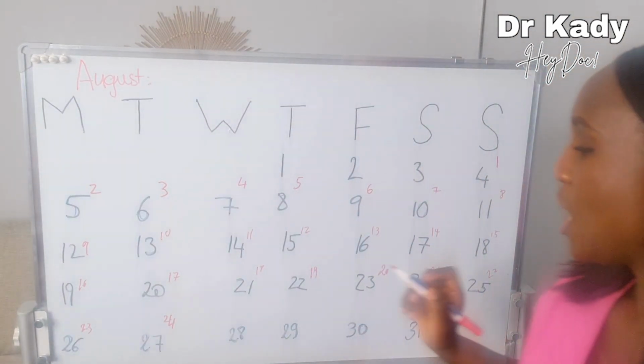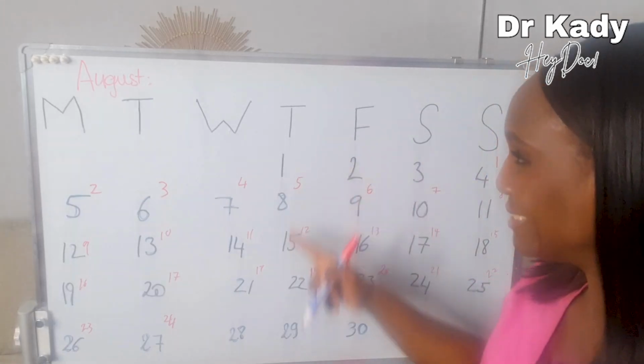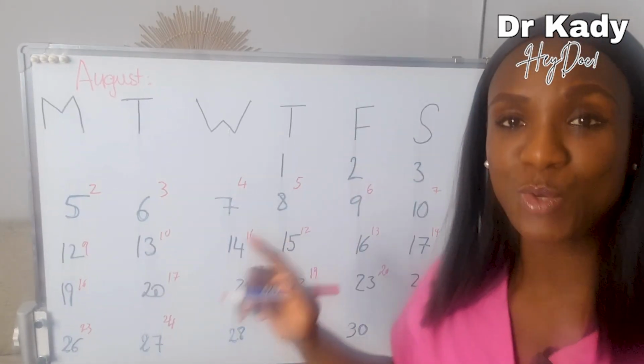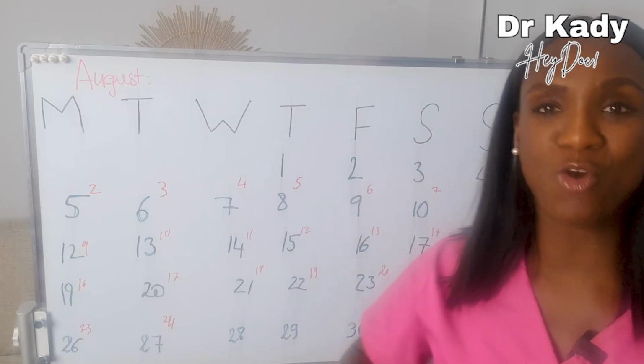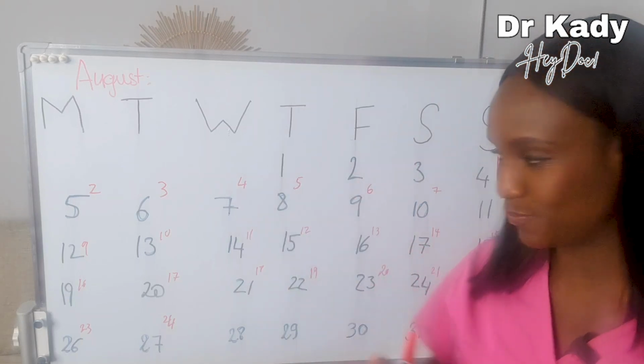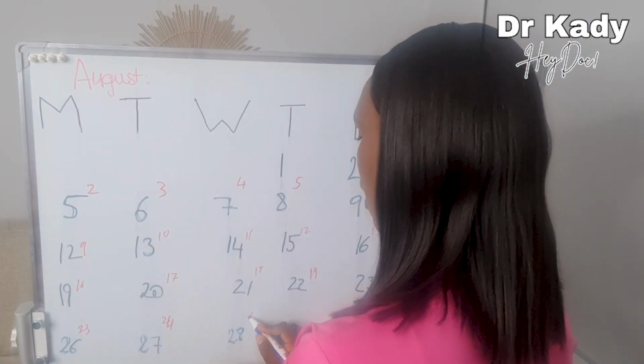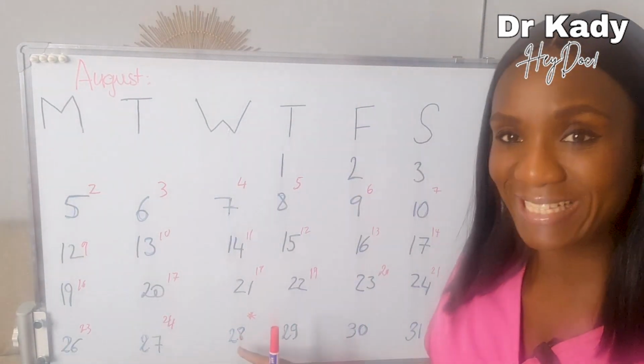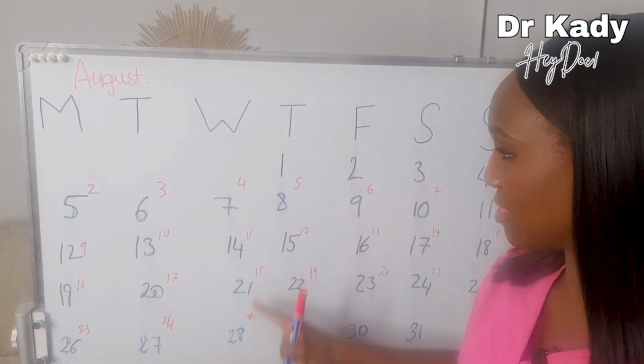Then on the 28th of August, you start bleeding again. So that's the first day of your next cycle. Okay, so we're going to put a star here because that's that day.